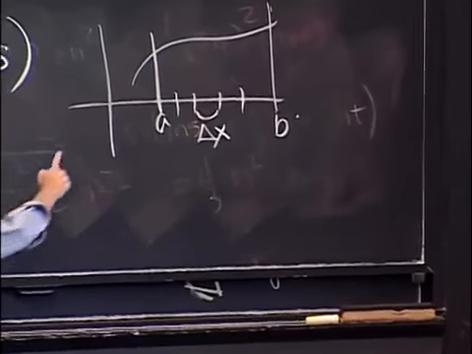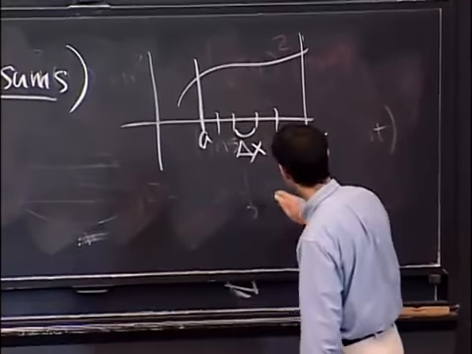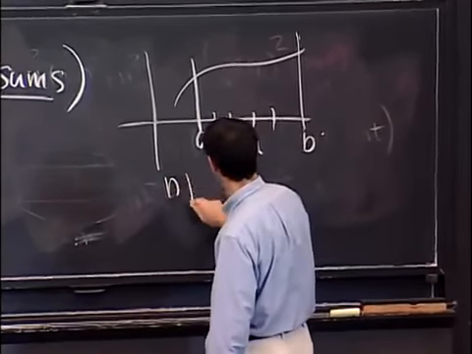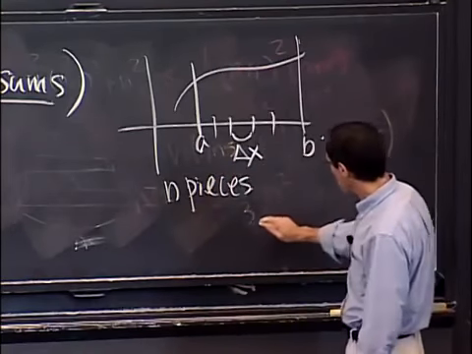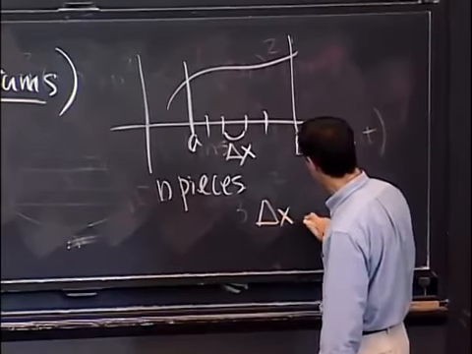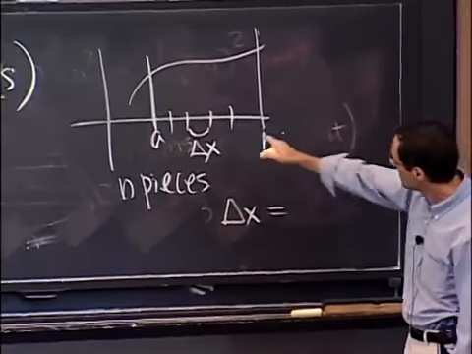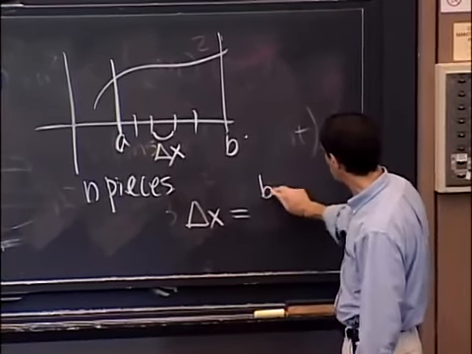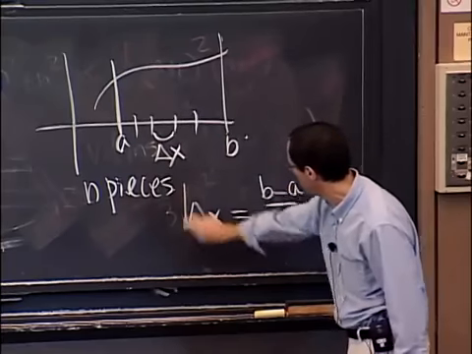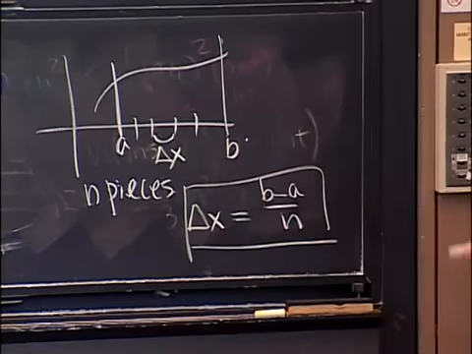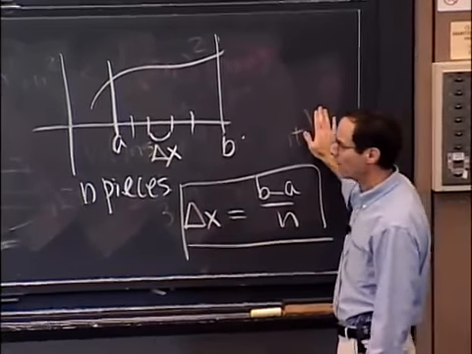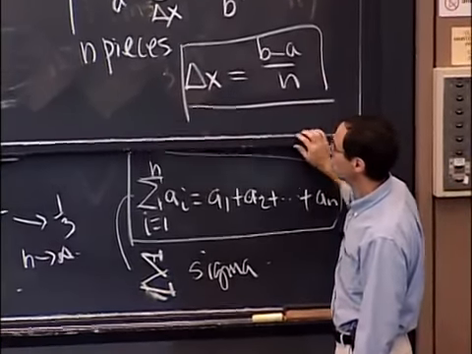So we divide up into these. So how many pieces are there? If there are n pieces, then the general formula is always that delta x is 1 over n times the total length. So it has to be (b minus a) over n. We will always use these equal increments, although you don't absolutely have to do it. We will for these Riemann sums.